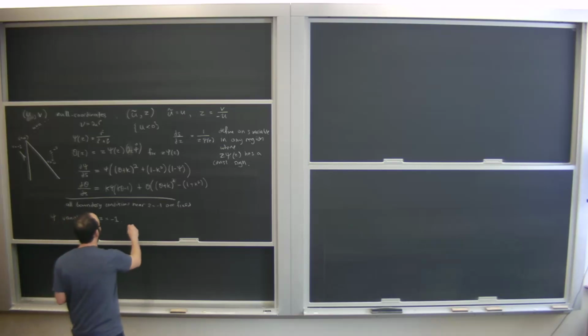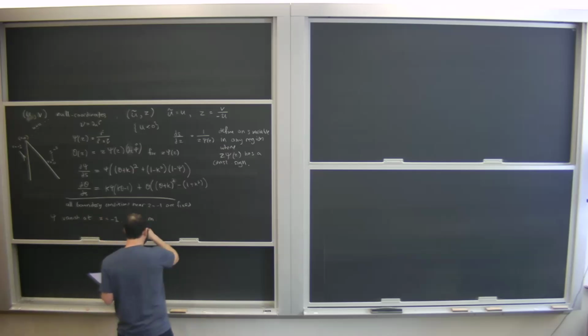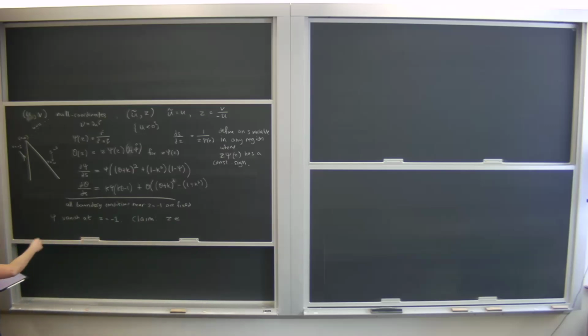Okay. So the claim is that if you think about the s variable, so we're interested in a solution, let's say you have some local existence, then you solve as far as you can.